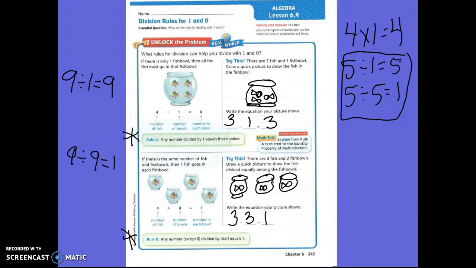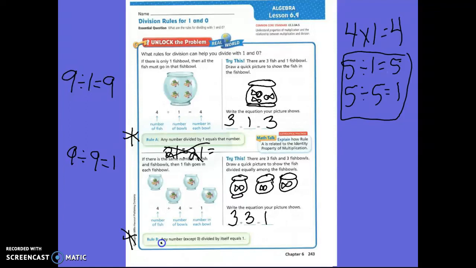What problem did we write on that thing? 21 divided by 21. Did we divide anything by 1? No. So is that rule A? No. No, he is wrong. What rule helps us figure out what 21 divided by 21 equals? Rule B, let's look.